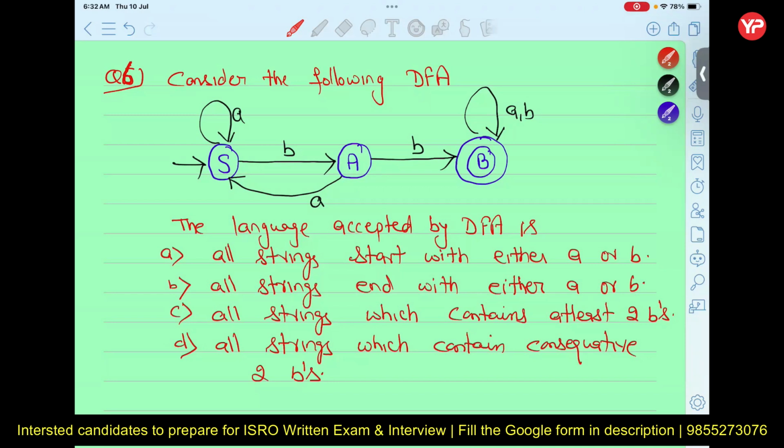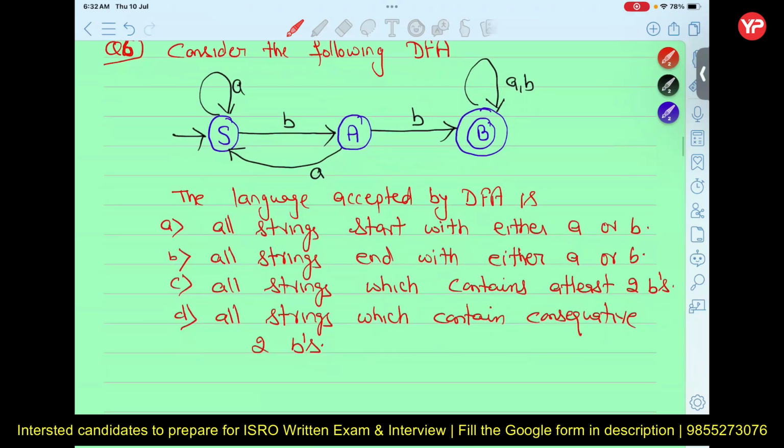So every string has to start with a or b. But every string which starts with either a or b is never going to be accepted or recognized. Suppose that we have the string a. It is not going to be accepted. That's why my first option is false.